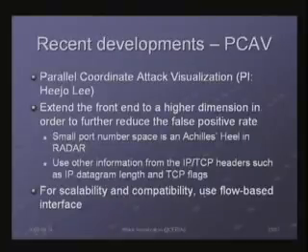I stopped this work about 2 years ago, but my colleague Professor Hijiro Lee, who was a visitor here a few years back, is extending this work, and he calls it parallel coordinate attack visualization. Why parallel coordinates?